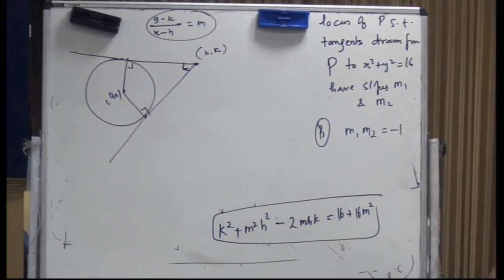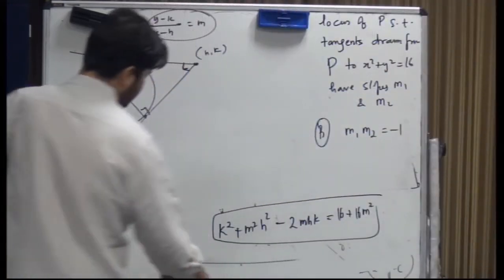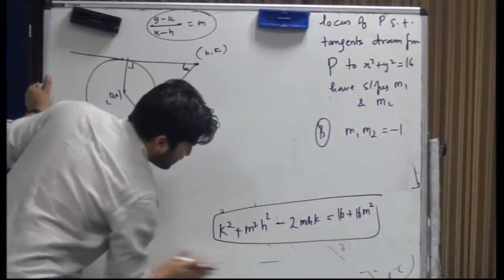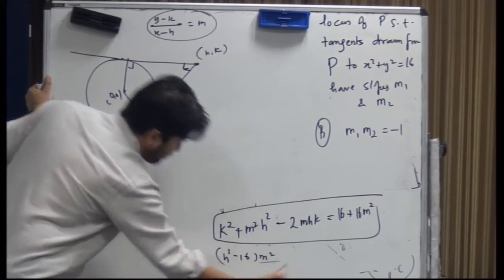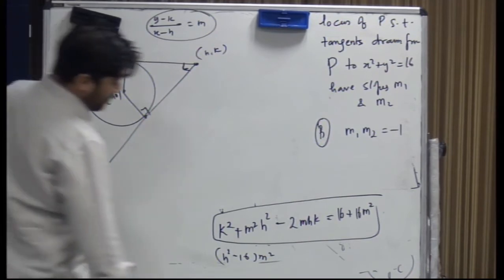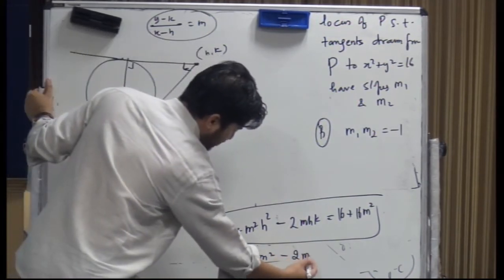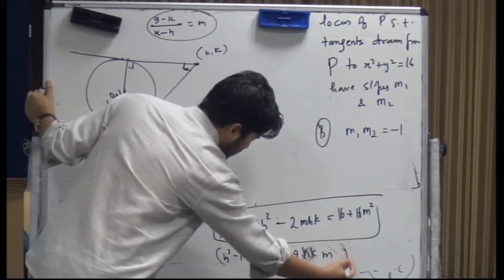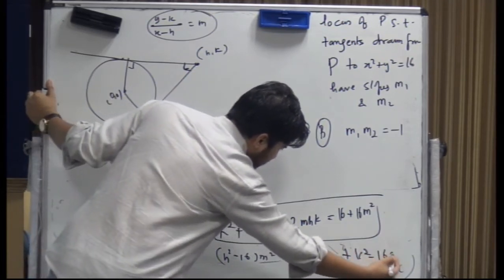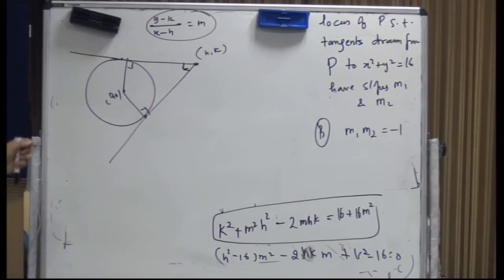It means perpendicular. So the product of roots is going to be? Okay, so let's rearrange it. If I rearrange it, I'll get h square minus 16 m square, right or wrong? Plus minus 2hk m plus k square minus 16 is equal to 0, right? After rearranging it, I'll get this.